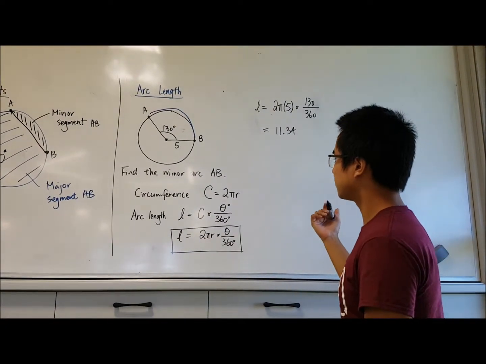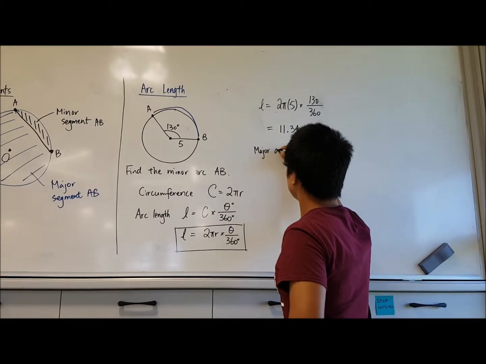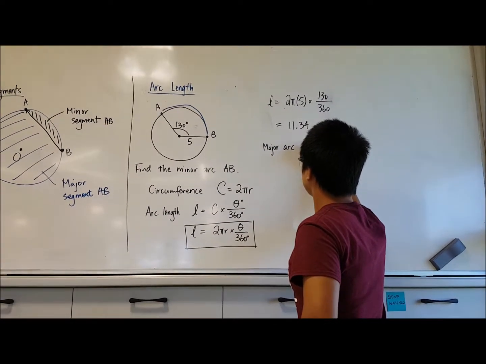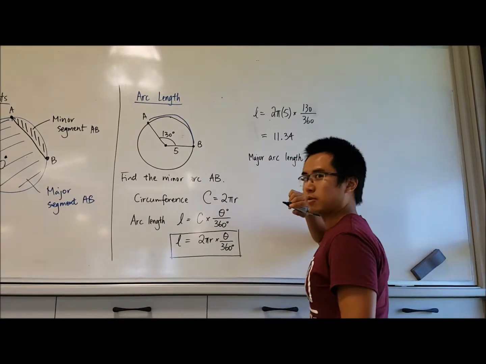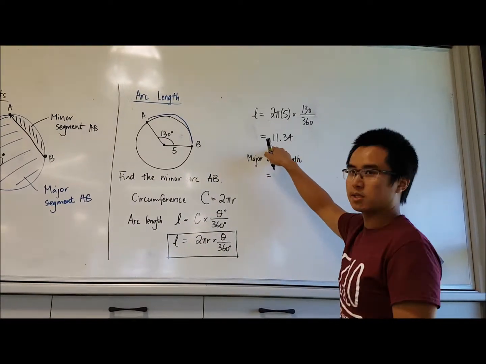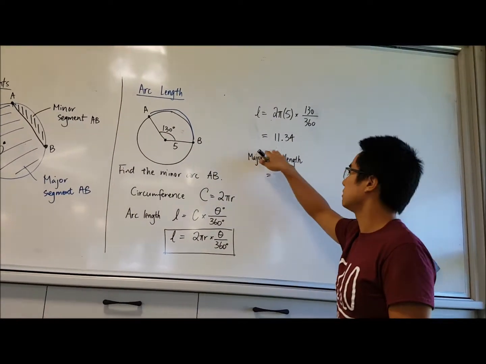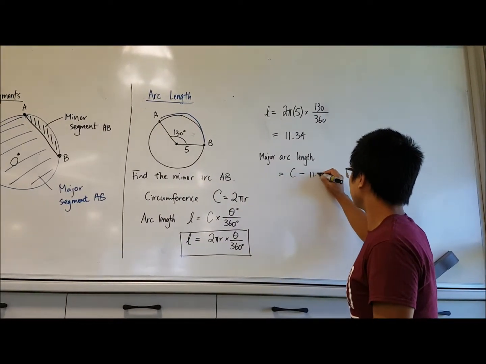So if I wanted the major arc length, it's not 130 over 360, because that doesn't make sense. Since I've worked that out, I can just subtract this from the circumference, so circumference take away 1.34.